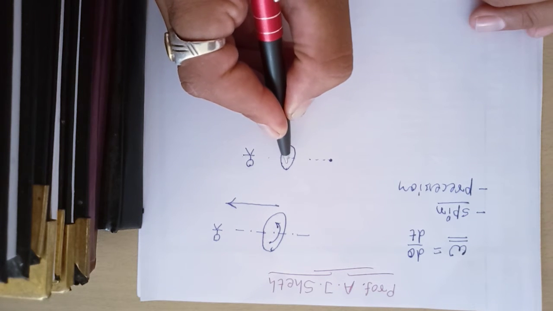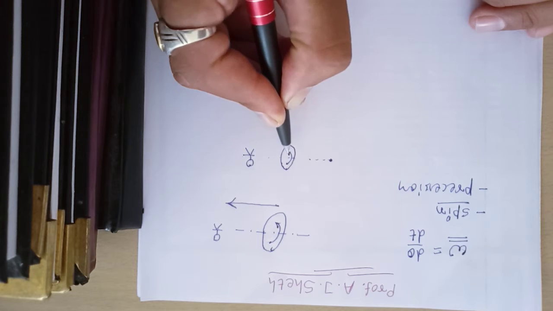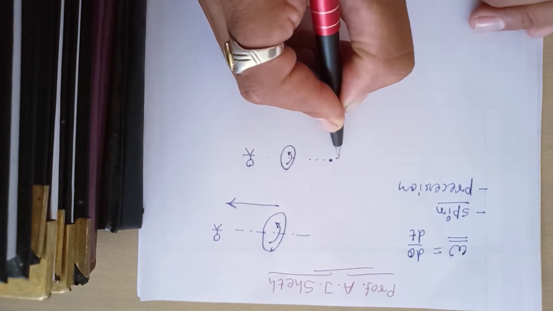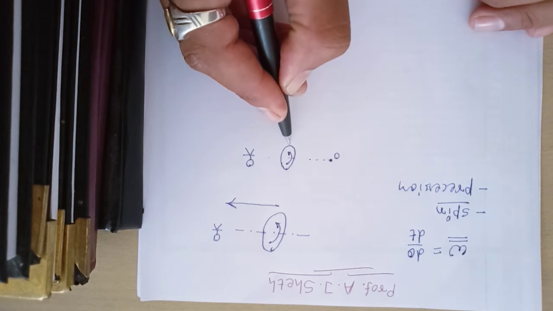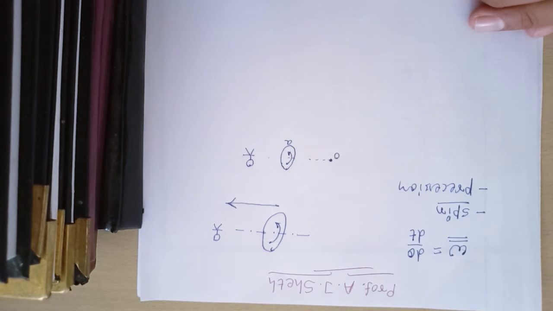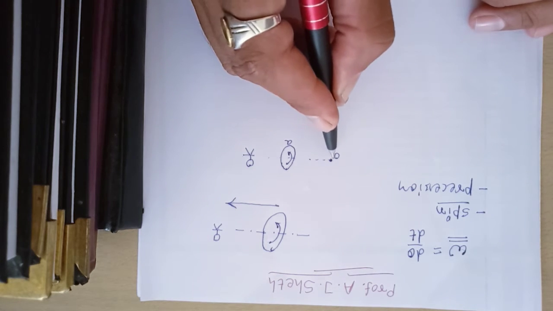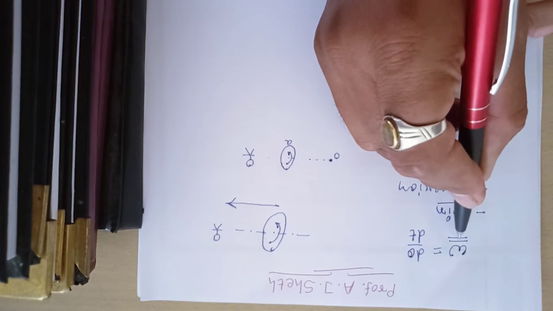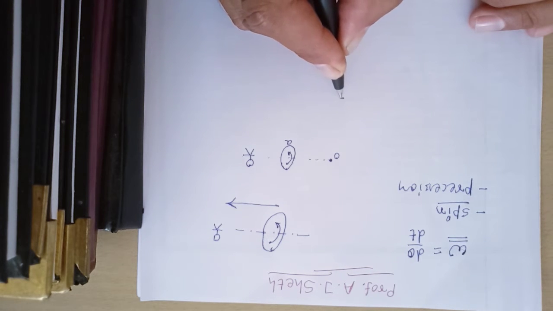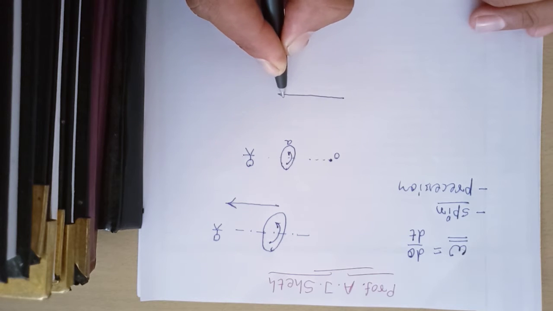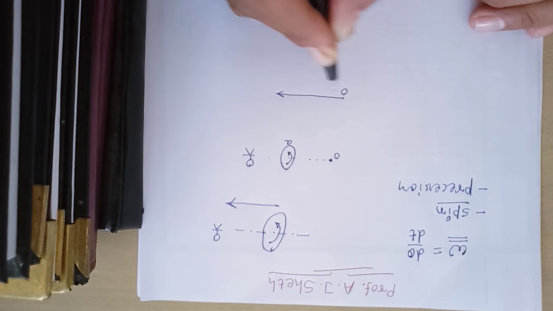It is rotating in the anti-clockwise direction. This is O, the center, and the current location is A. So the angular velocity vector will be OA.